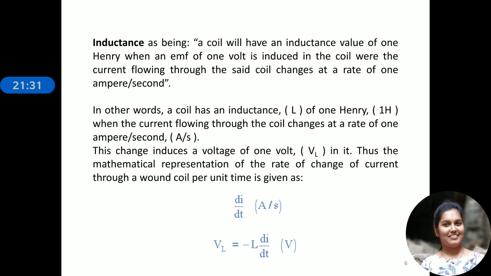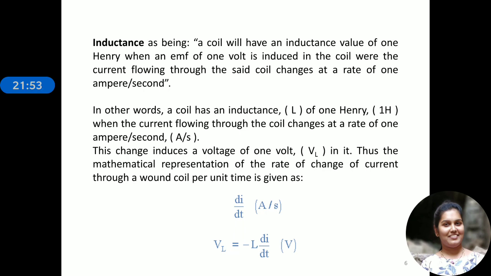Thus, we can represent the rate of change of current through a wound coil per unit time as di by dt, amperes per second, where di is the change in the current in amperes and dt is the time taken for the current to change in seconds.